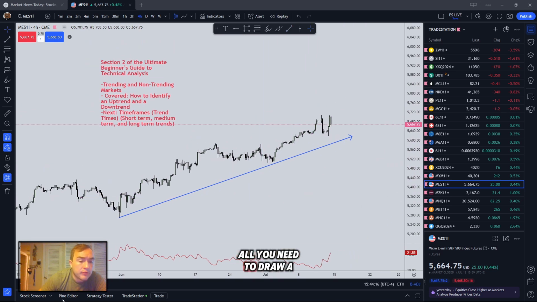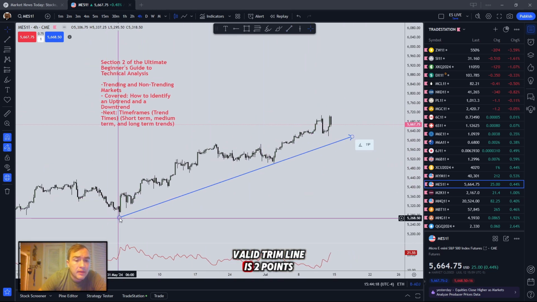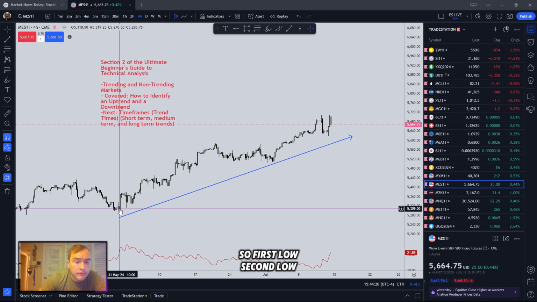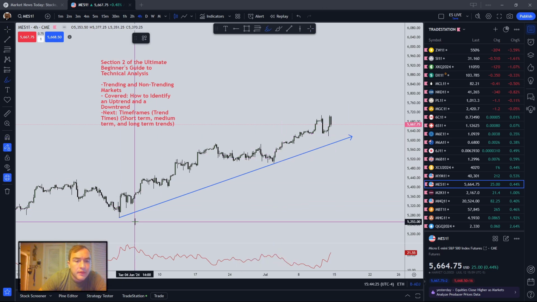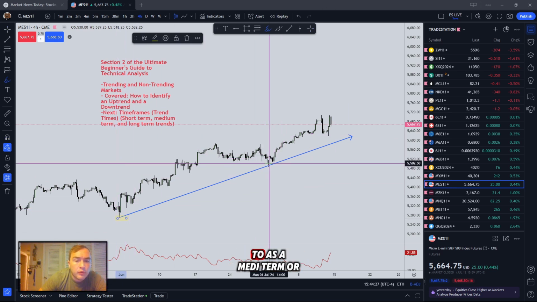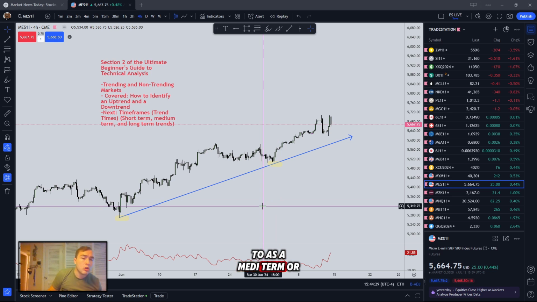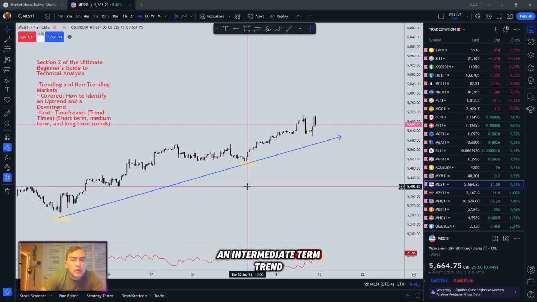All you need to draw a valid trend line is 2 points. So first low, second low. This is what we would refer to as a medium-term or an intermediate-term trend.